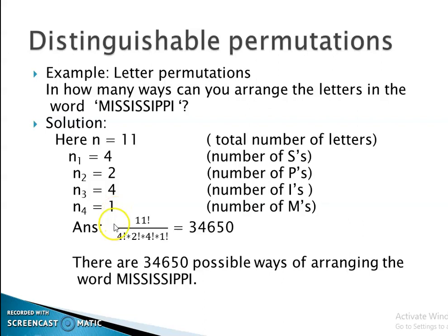So using the formula, we get 11 factorial over 4 factorial times 2 factorial times 4 factorial times 1 factorial, which is equal to 34650. So there are 34650 possible ways of arranging the word Mississippi.